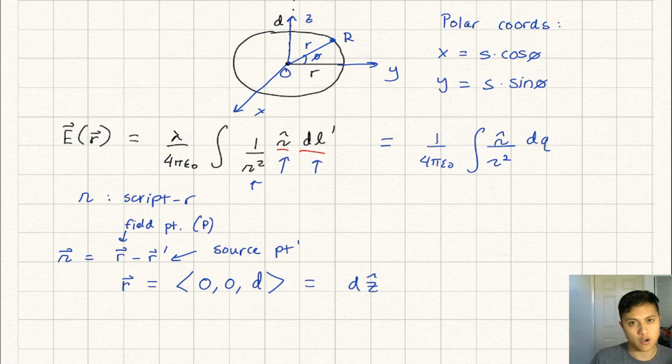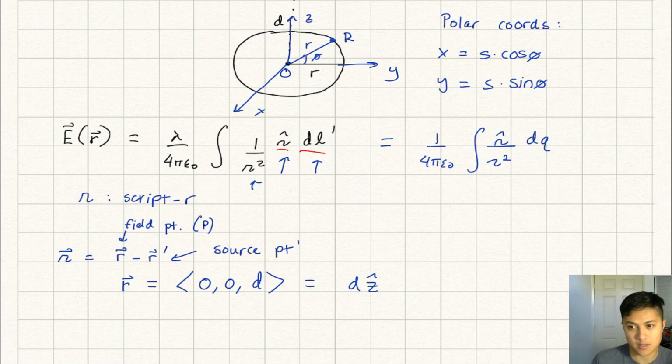The source charge is located on this loop. I'm not going to say it's a wire, but it's a loop, and all the charge is located on the perimeter of this loop. So the x position is given by s cosine phi, or r cosine phi in this case, and the y coordinate is given by r sine phi.